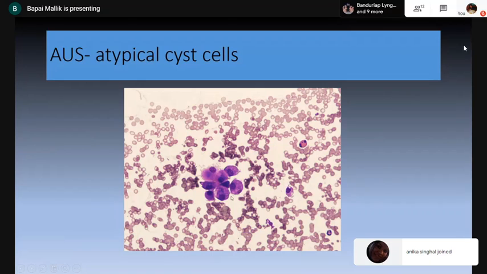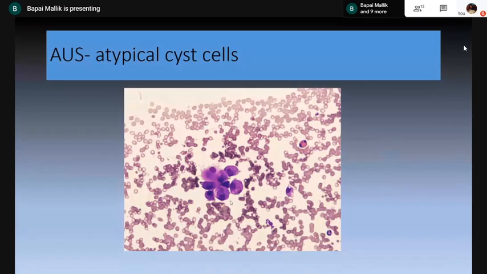You may start seeing some amount of nuclear clearing, which is not very well visible here in this particular stain. So these are atypical looking cyst cells. The important thing to understand is that if you see atypical looking cyst cells and everything else is fine, you can still put it under the category of AUS, as I said, without any other abnormalities. So atypical cyst cells belong to AUS.